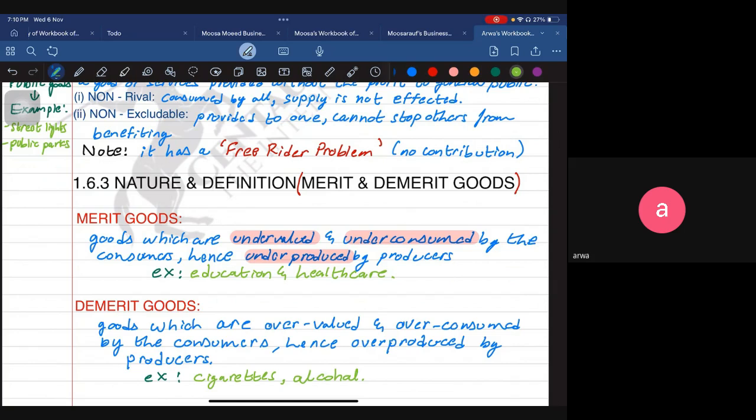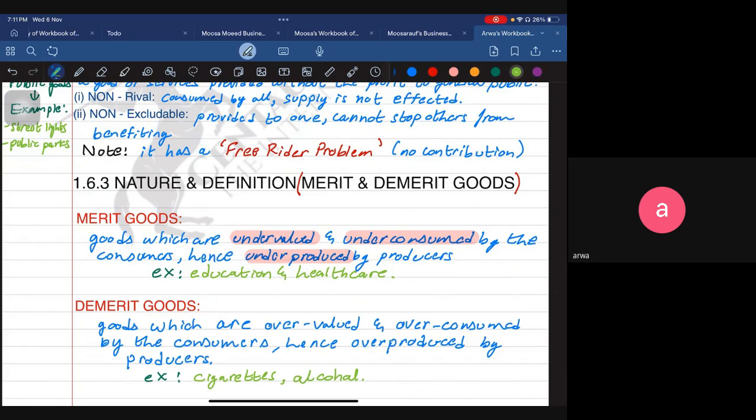Now these goods are overvalued and overconsumed by the consumer. The reason behind this is the addiction. The addictive nature of these products makes the consumer buy more, and that's why, if the producer is getting the benefit out of it, even after a huge tax by the government, they are still getting a lot of profit. So they are producing those goods.